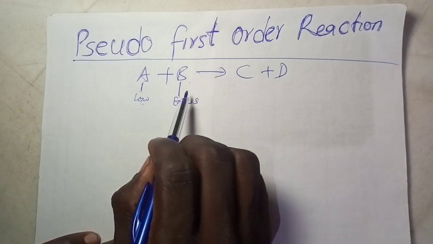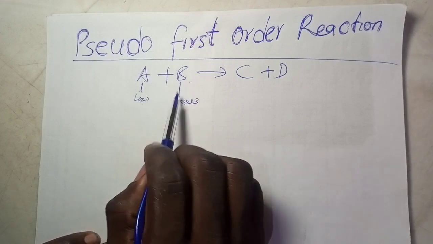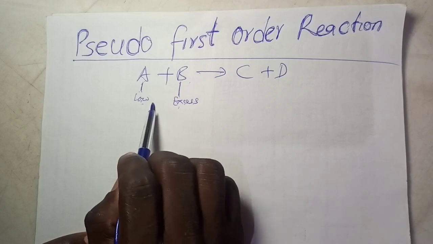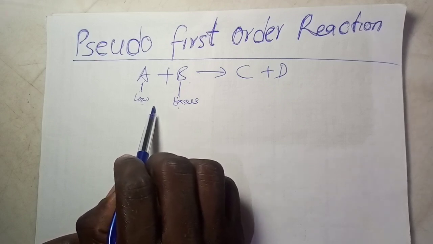You can see that where a bimolecular reaction is made to be a first order, that is a pseudo first order.